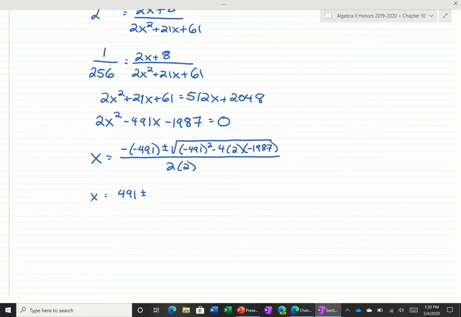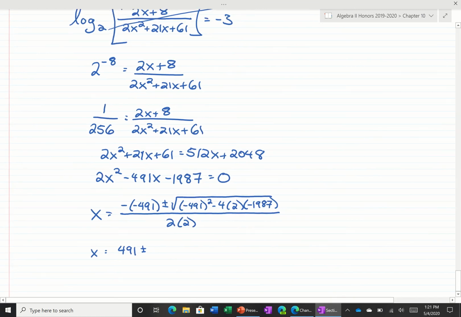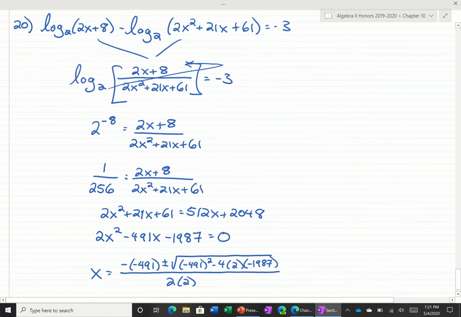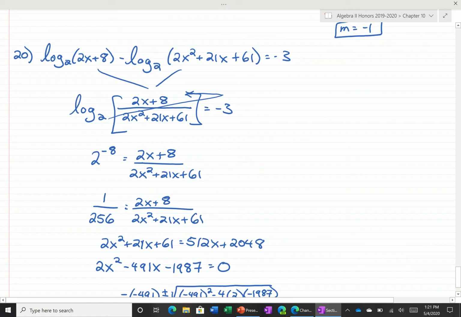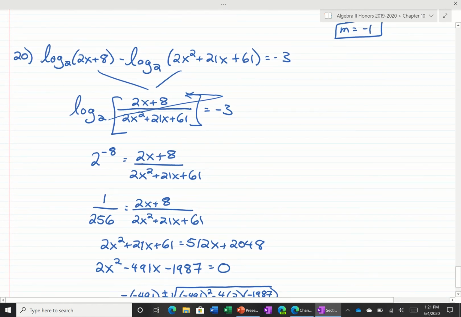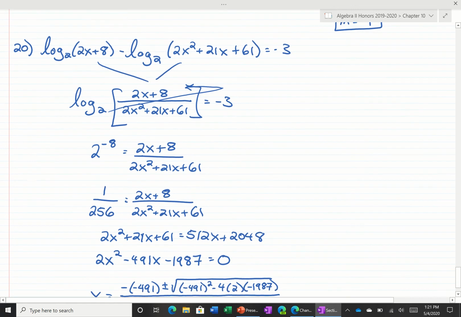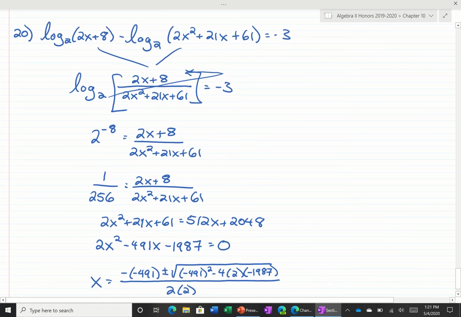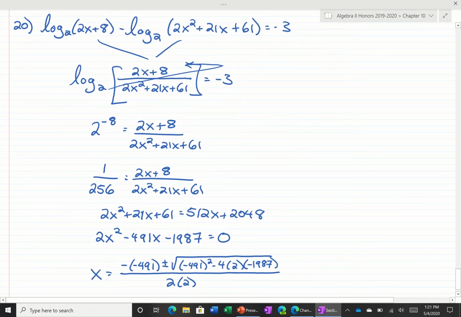Let me just double check here. I think I might have done something wrong. So log base 2 of (2x + 8) minus log base 2 of (2x² + 21x + 61). Okay, (2x + 8) over (2x² + 21x + 61).